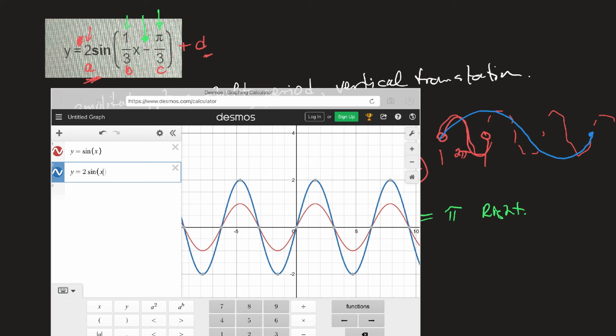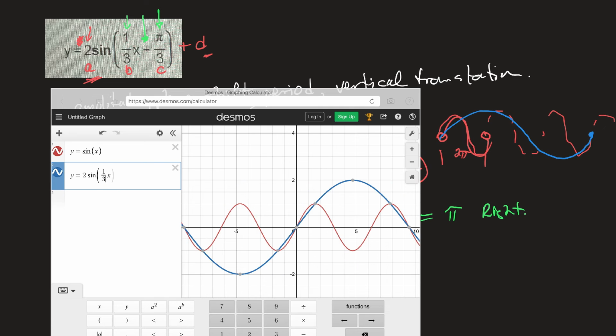Okay, now if I put a 1/3 in right there, 1 divided by 3, notice that the graph now is taking a lot longer to complete one revolution or one period. Okay, and that's what we sort of thought. Good. And then let's put this number in here, minus pi divided by 3.